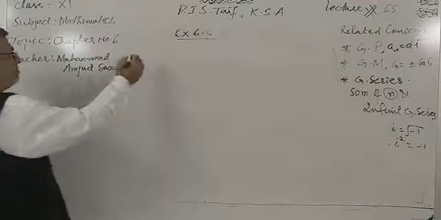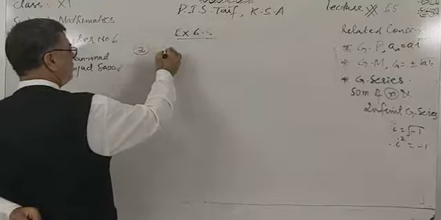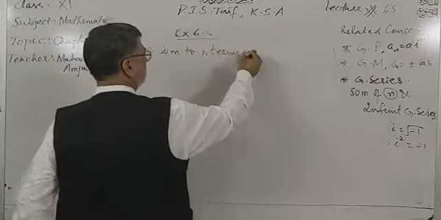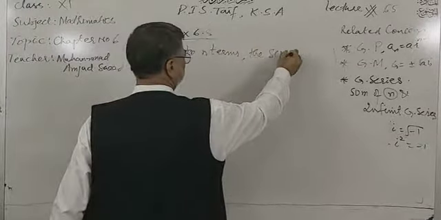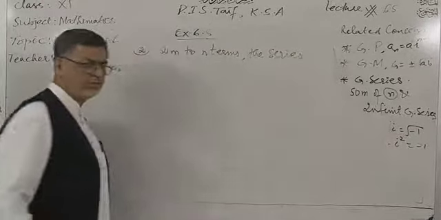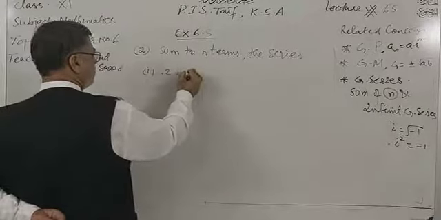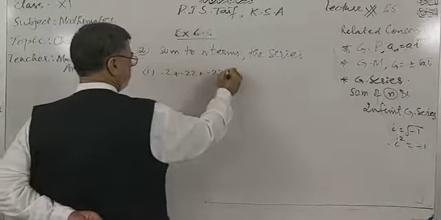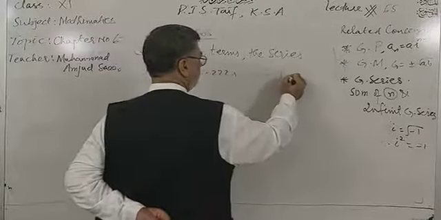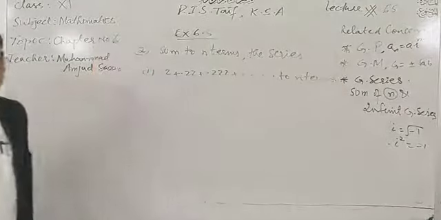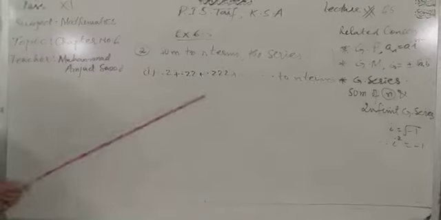Question number 2. This is number 1: 0.2 plus 0.22 plus 0.222 plus so on to n terms. Dear students, this is your question number 2, part number 1.